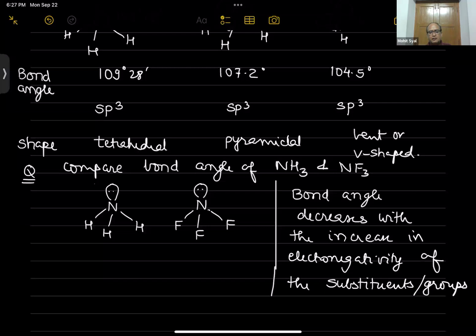Got it? So by reading this statement, can you tell me whose bond angle is going to be smaller?